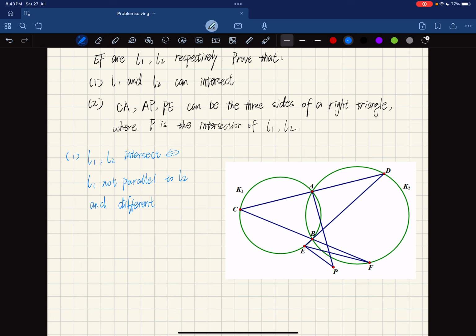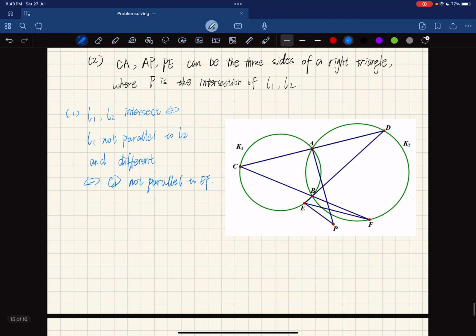So that is equivalent to CD not parallel to EF. This is not that easy to prove, so how can we do this?